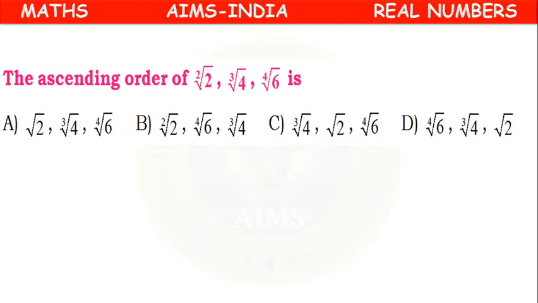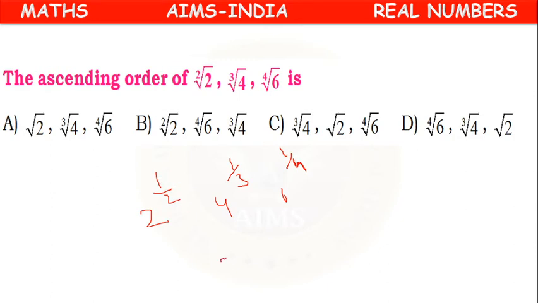So in ascending order, we have to arrange them. We have 2 power 1 by 2, 4 power 1 by 3, 6 power 1 by 4. 2, 3, 4, what is the LCM? 12.